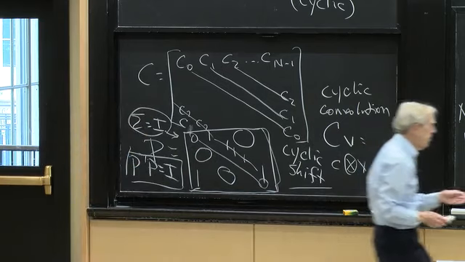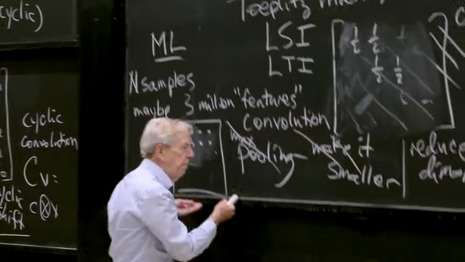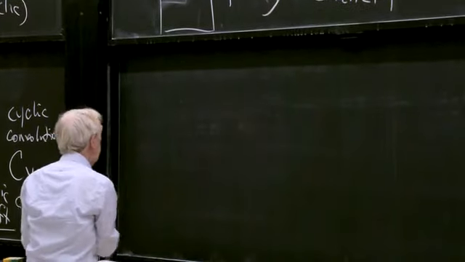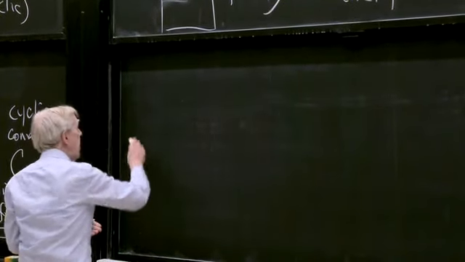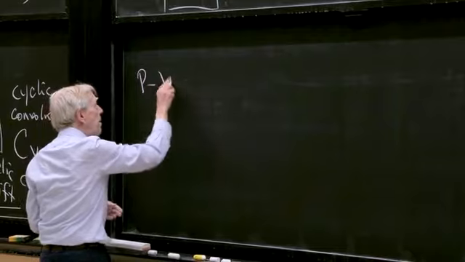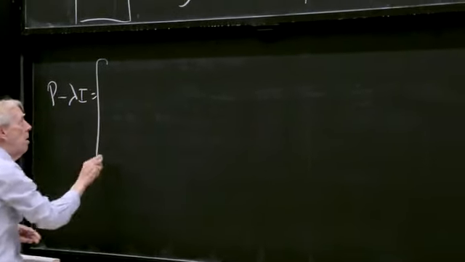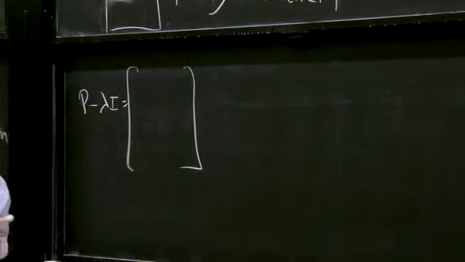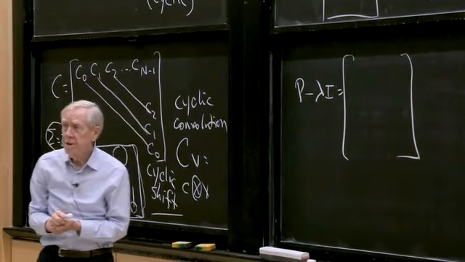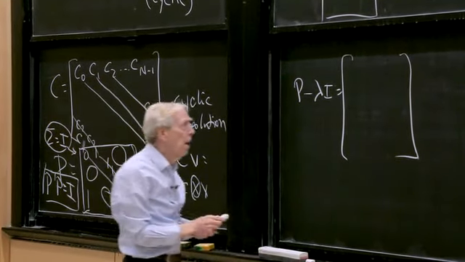Okay, eigenvalues of P. So one way is to take P minus lambda I. This is the way we teach in 1806 and never use again.